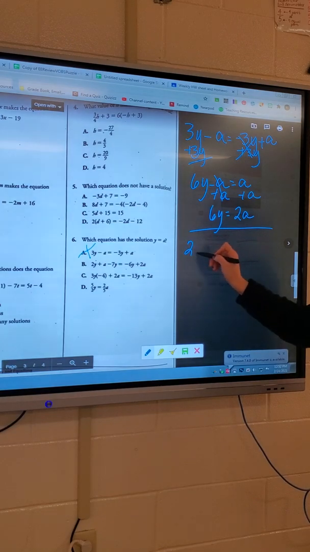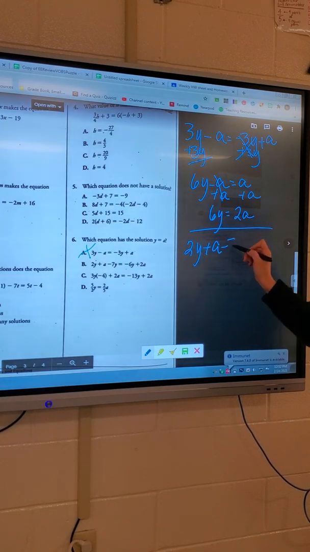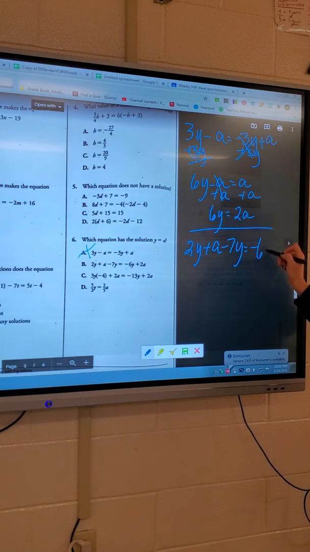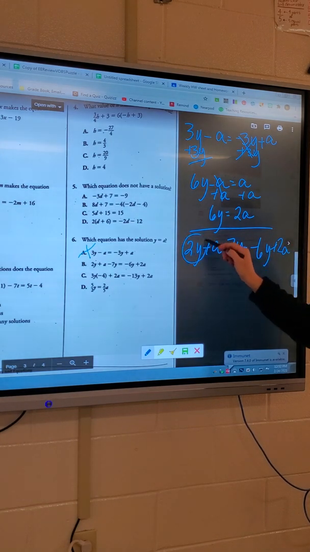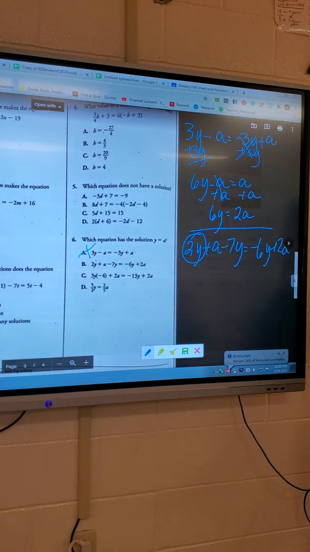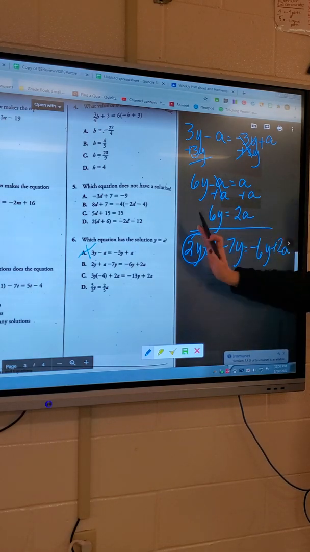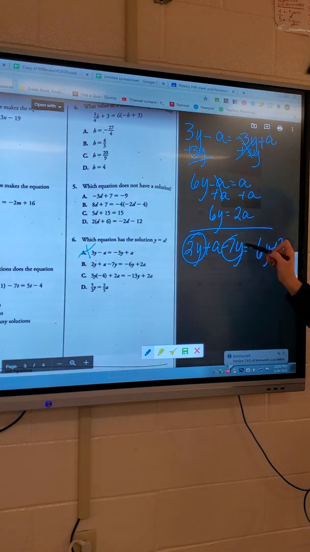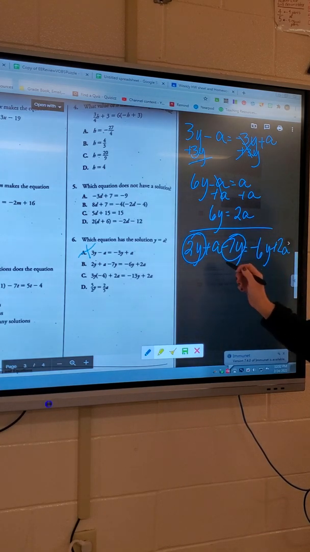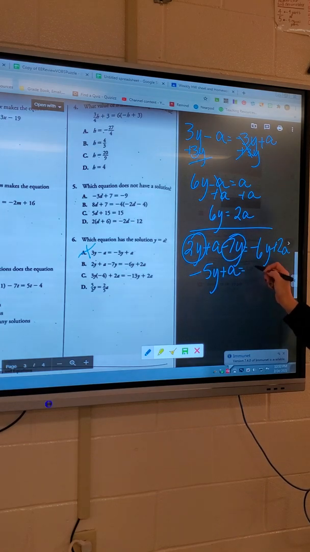Answer choice B: 2y plus a minus 7y equals negative 6y plus 2a. I don't have any distributive property here, but I do have combining like terms, so I've got to put those together first. 2y minus 7y is a negative 5y plus a equals negative 6y plus 2a.